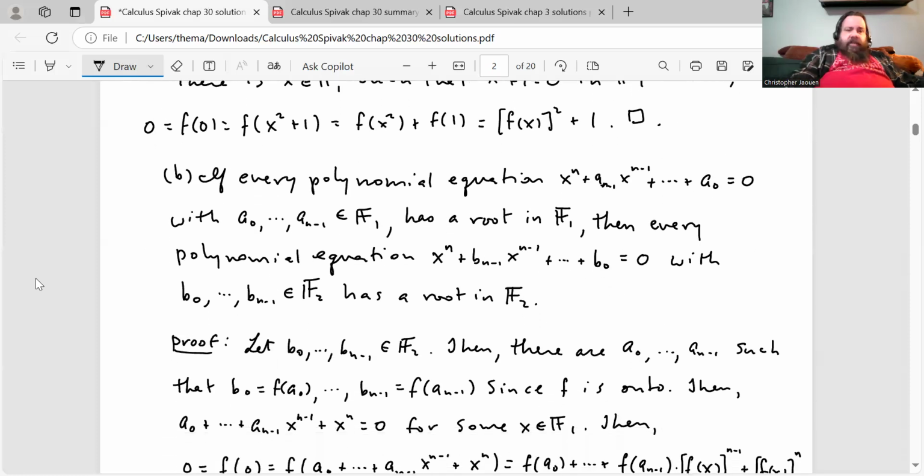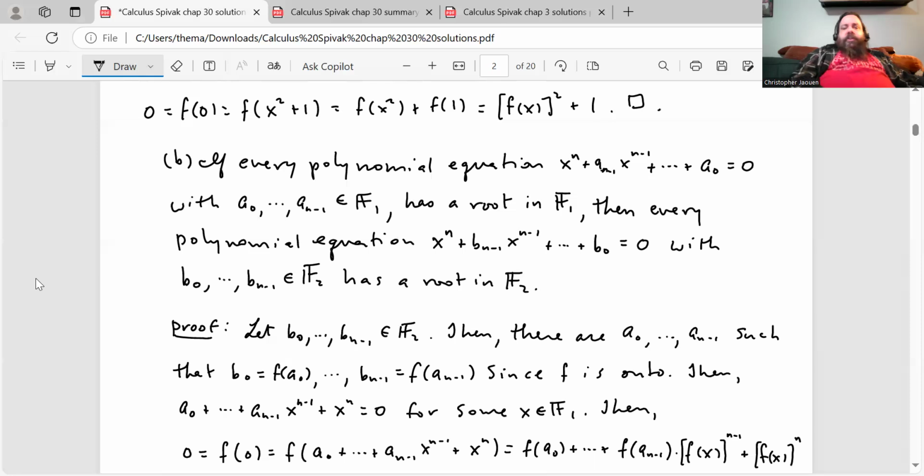Part B says this: if every polynomial equation x to the n plus a sub n minus 1 times x to the n minus 1 plus dot dot dot plus a0 equals 0, with all of the coefficients a sub j in the field F1, has a root in F1, then every polynomial equation x to the n plus b sub n minus 1 times x to the n minus 1 plus and so on equals 0, with b0 through b sub n minus 1 in F2, has a root in F2.